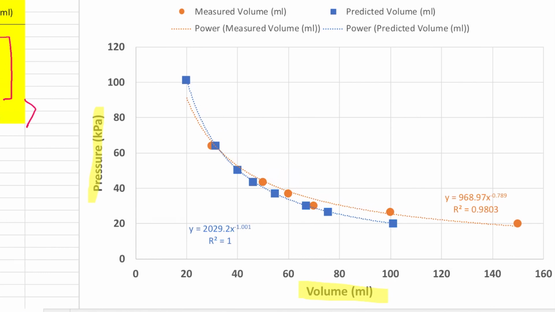You can see that we got this beautiful Boyle's law curve even though our data wasn't perfect. This curve illustrates the inverse relationship between pressure and volume. So despite our difficulties, I'm very pleased with our results, and I didn't expect to get such a pretty graph.